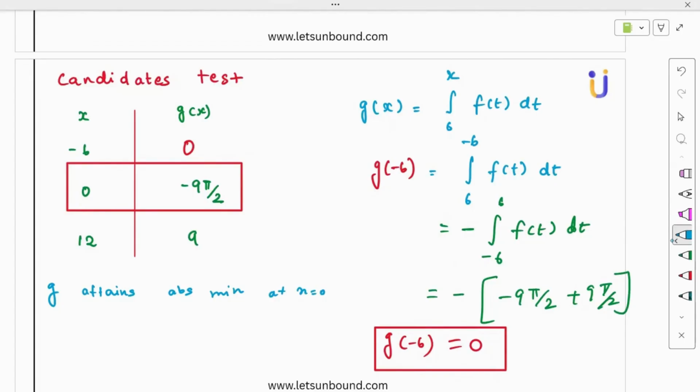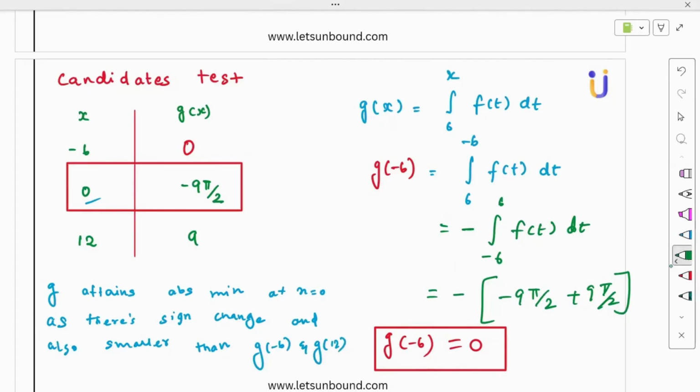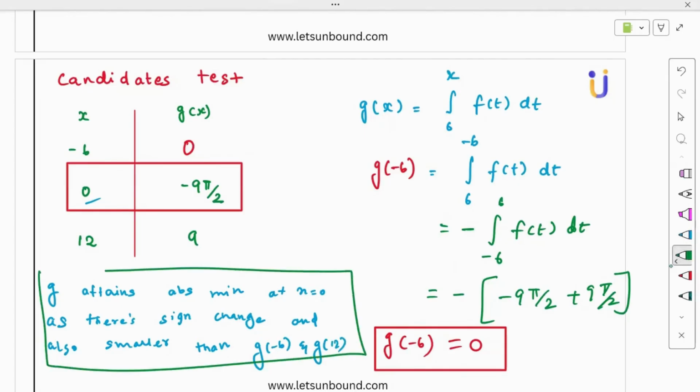There is a sign change, we included that 0, and it is also smaller than the endpoints, g of -6 and g of 12. This justification completes the answer.